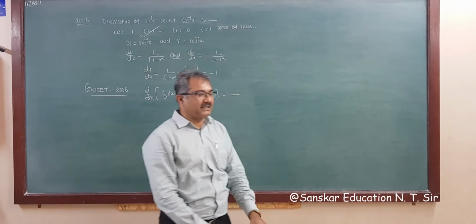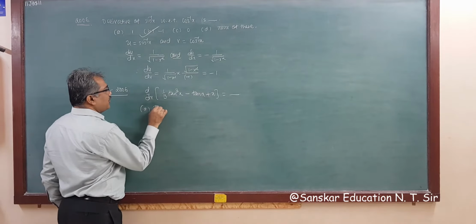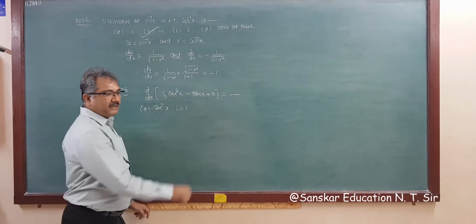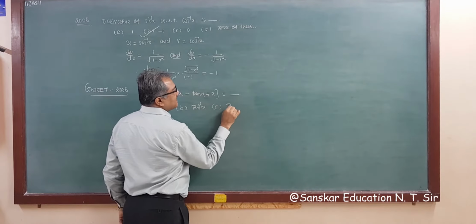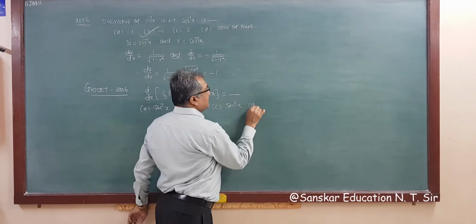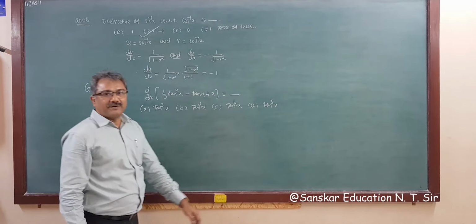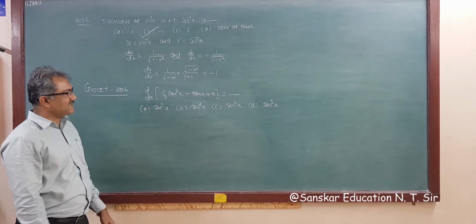The options are A tan cube x, B tan square x, C tan raised to 4x, and D tan raised to 5x. This is the question from the Gujarat 2006 exam.